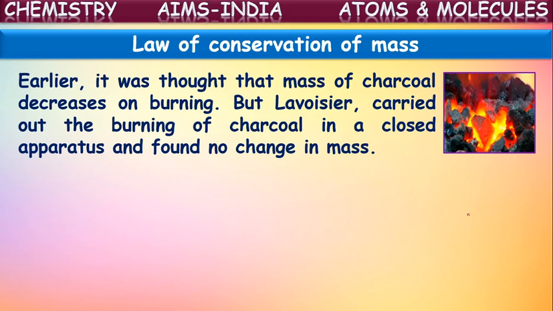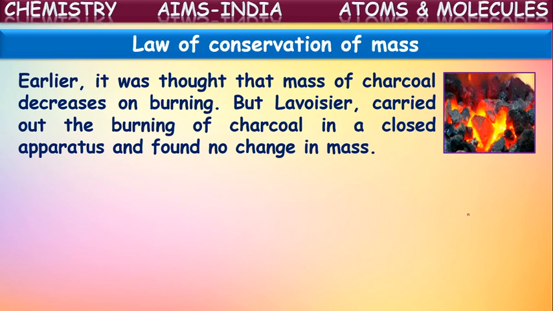So finally what remains here? Only solid ash remains. If we calculate the mass of only the ash, we get less than the mass of the charcoal. But what we actually have to do, along with the mass of the ash, is calculate the mass of the gases that escaped, because those are also produced in the same reaction.